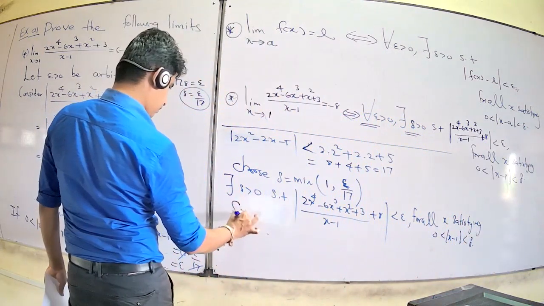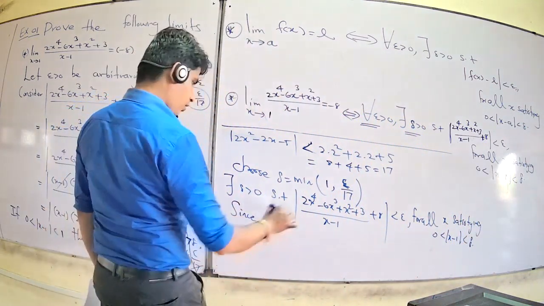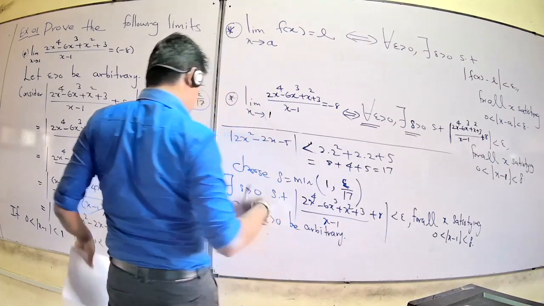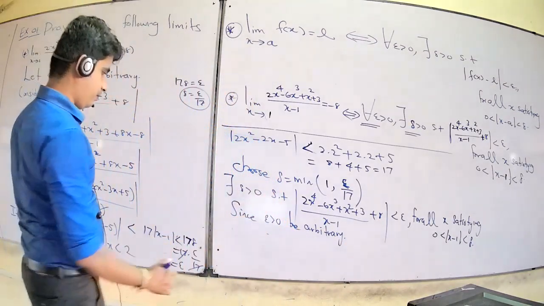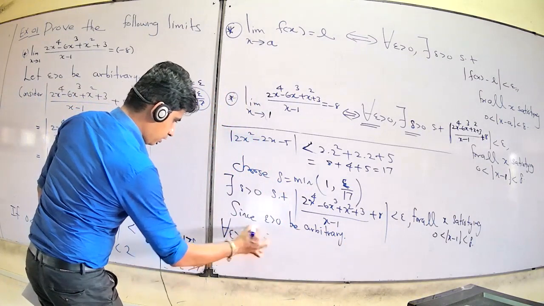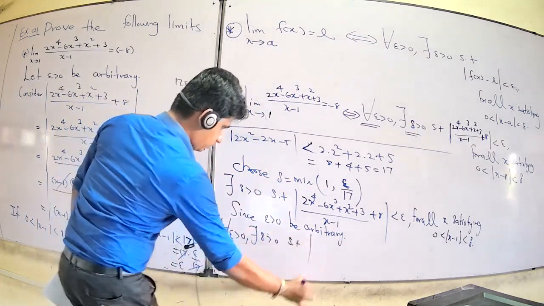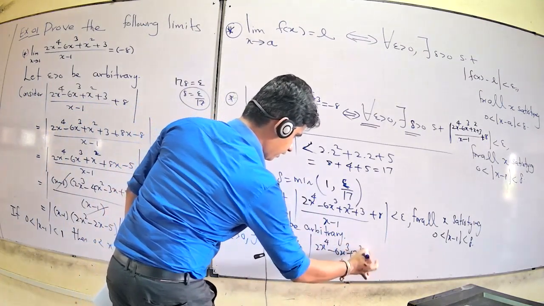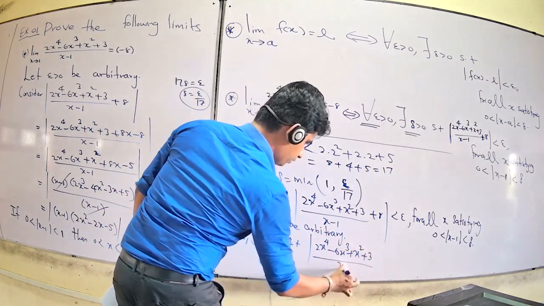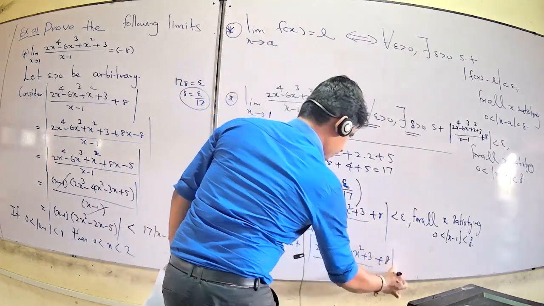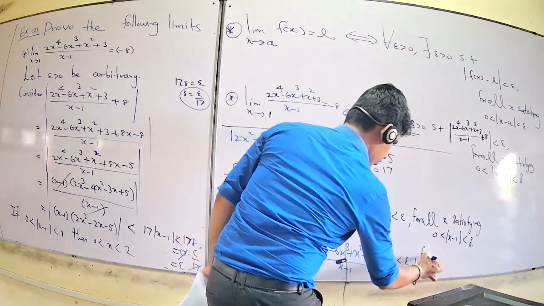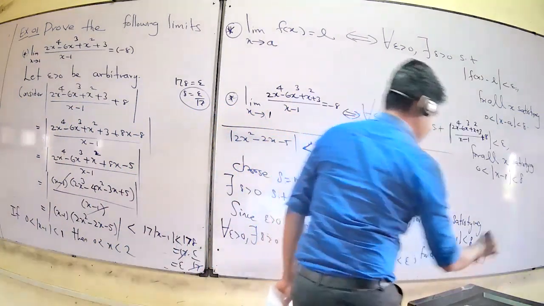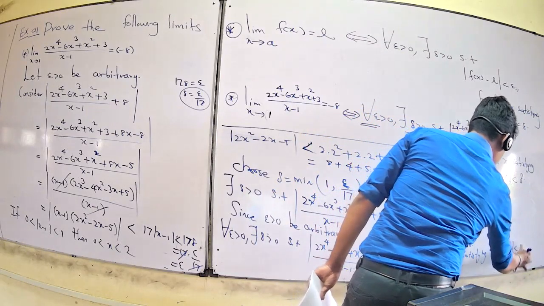Since epsilon greater than 0 is arbitrary, therefore for all values of epsilon, the result is true. This means for all epsilon greater than 0, there exists delta greater than 0 such that the modulus of (2x to the power 4 minus 6x cubed plus 8x squared plus 3) over (x minus 1) plus 8 is less than epsilon for all x satisfying 0 less than modulus of x minus 1 less than delta.